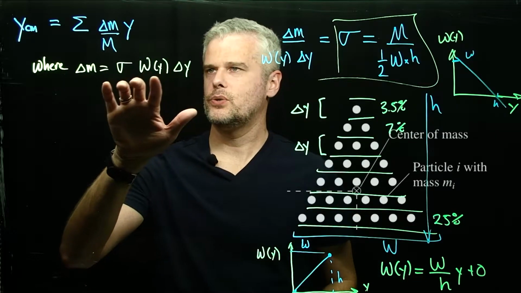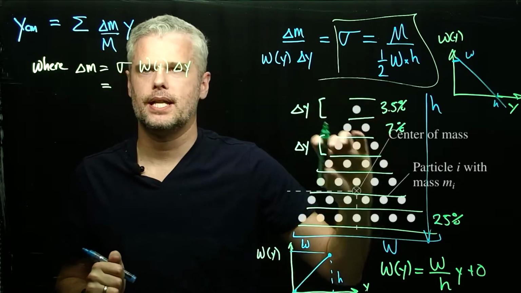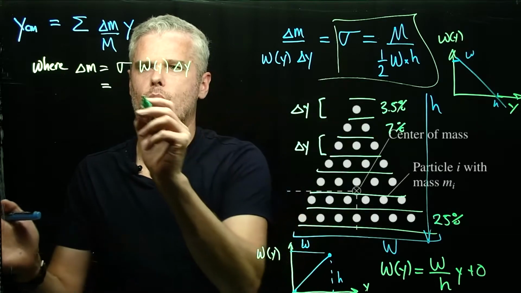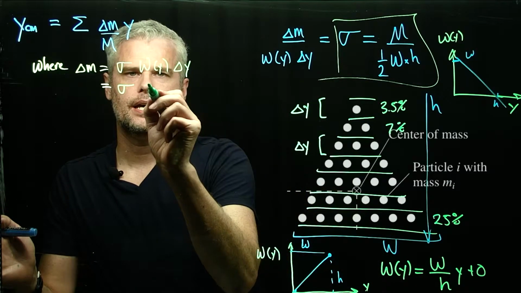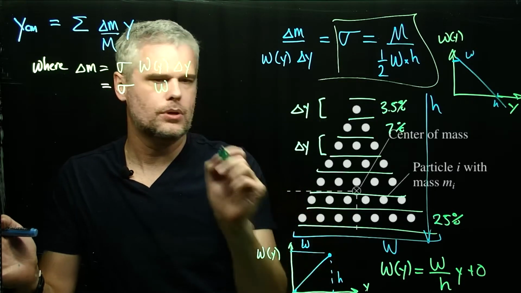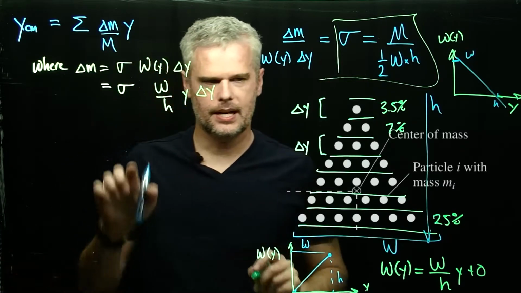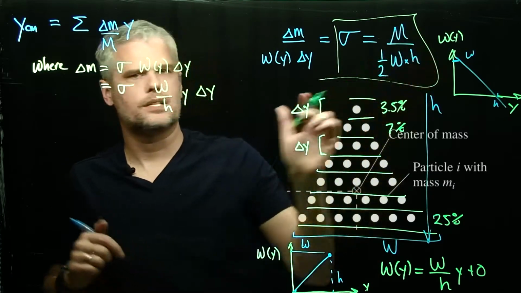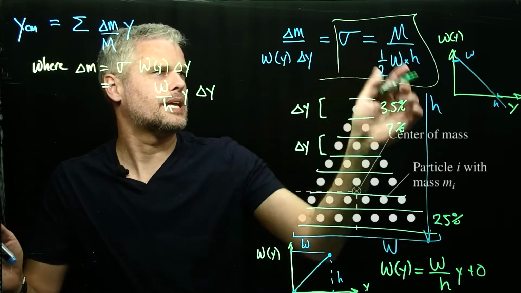I need to express the mass of each slice and how it changes with y. It's sigma. What is the width of each slice? It's w over h times y delta y. Now, sigma. Oh, that's this factor here. In fact, I think I'll just put that in here right now.